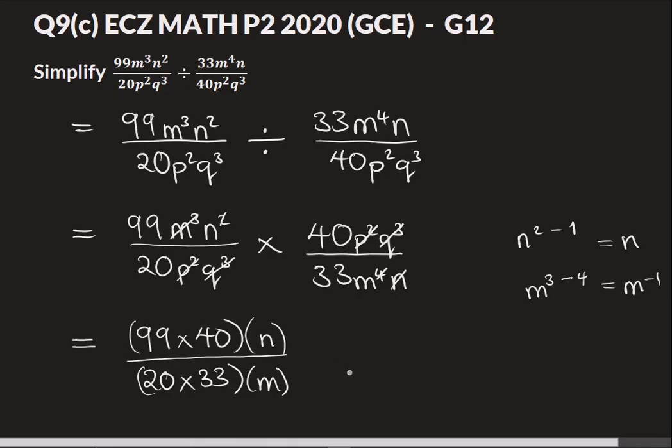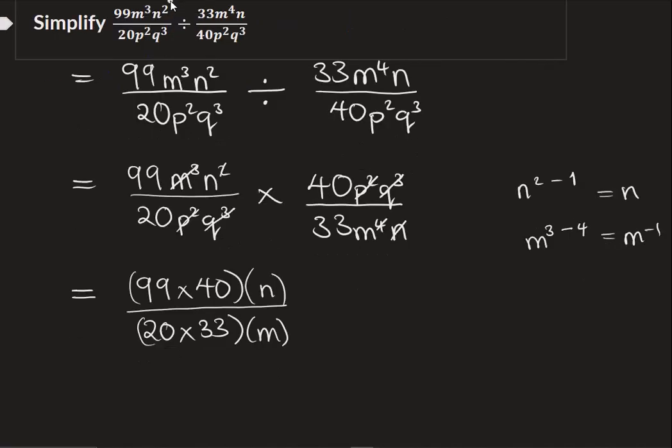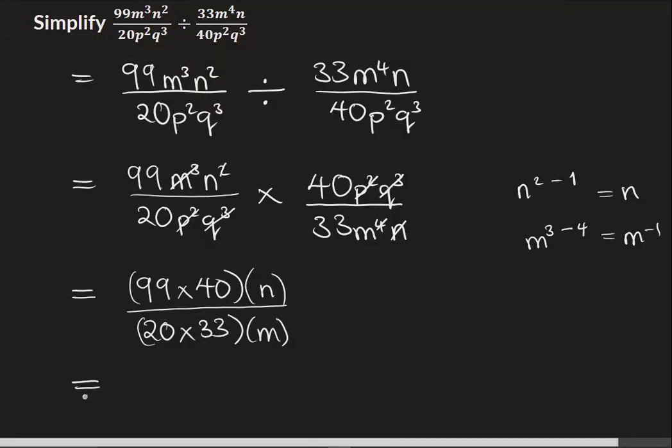And then what is left now is just me finding the final answer. I'll show you how to do this on a calculator directly, but I would prefer that you just go step by step. The first is you find 99 by 40, then find 20 by 33 and keep on simplifying just like that. So if we go step by step, I'll show you how to do it in one single step after we do it step by step.